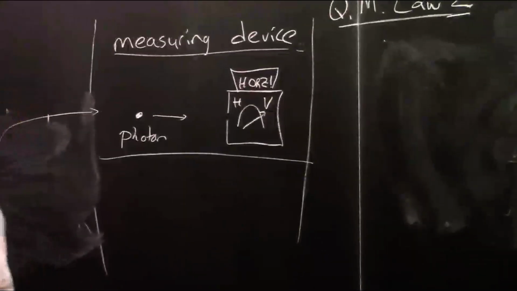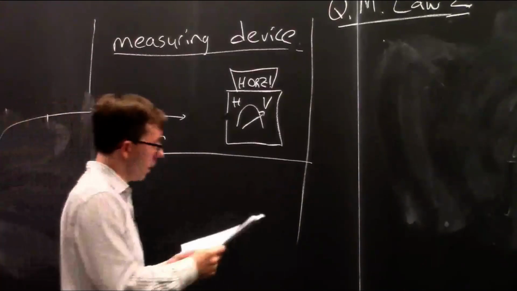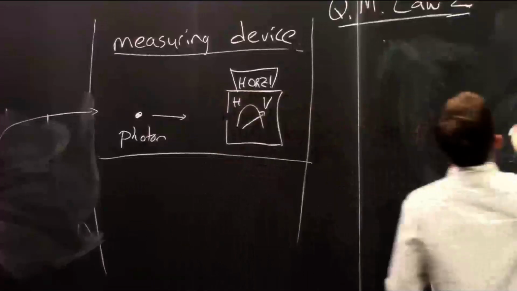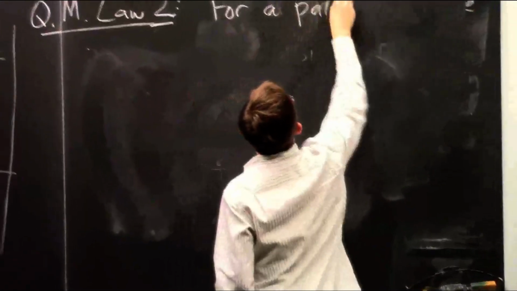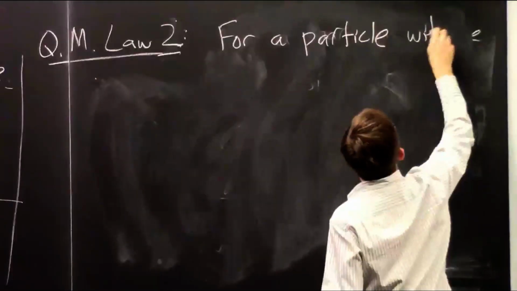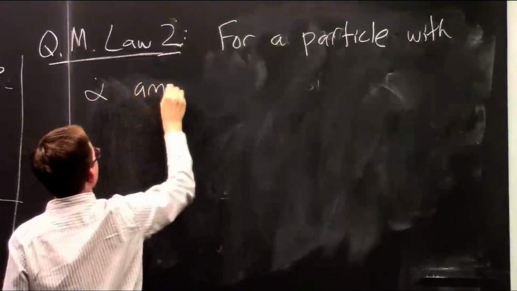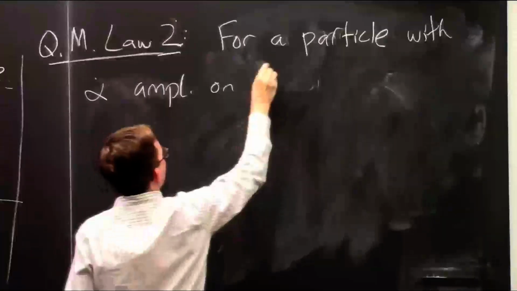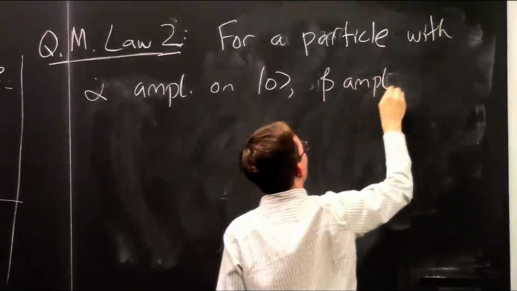Whereas state refers to all of these myriad possibilities. Okay, so for a particle with this state, alpha amplitude on 0 and beta amplitude on 1.